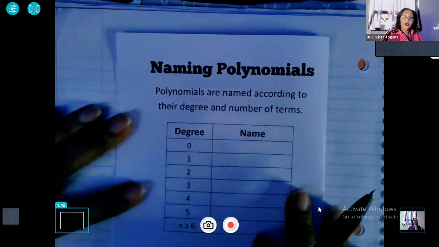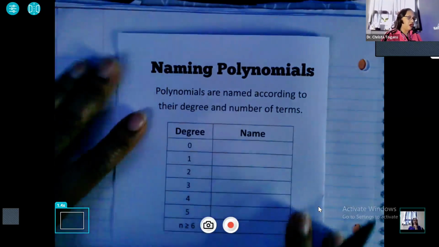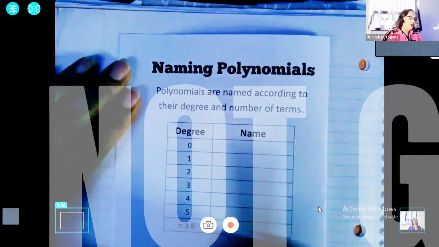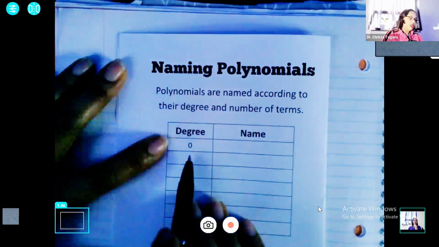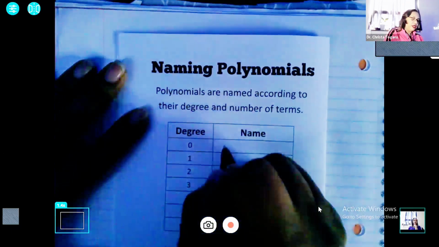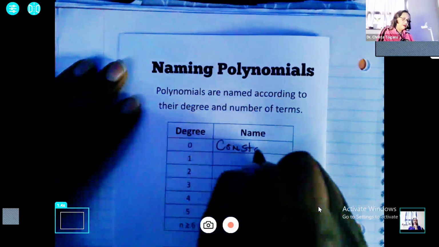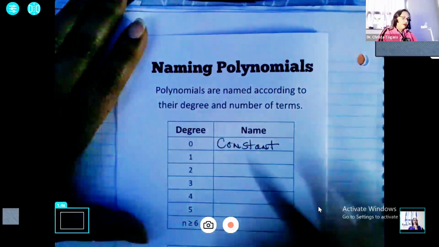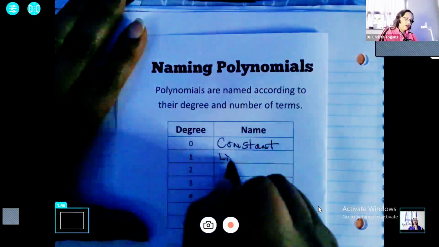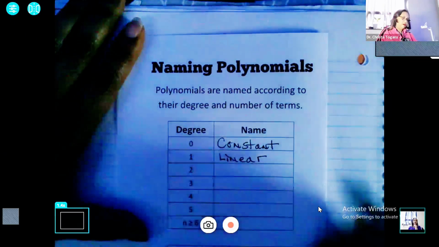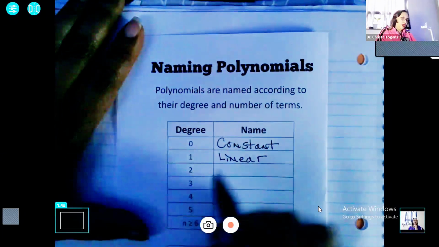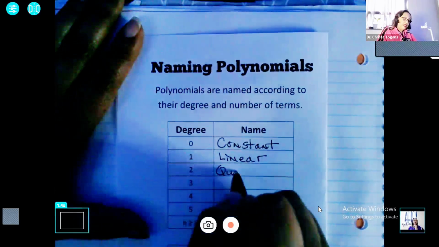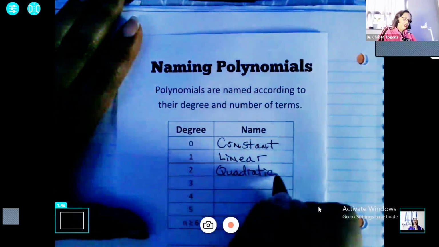So I'm going to use one of my favorite graphic organizers, and it's called Naming Polynomials. Polynomials are named according to their degree and the number of terms. If we have 0 degree, that would be the constant term. 1 degree, that would be a linear type of function. With 2, that would be quadratic, a quadratic type of function.